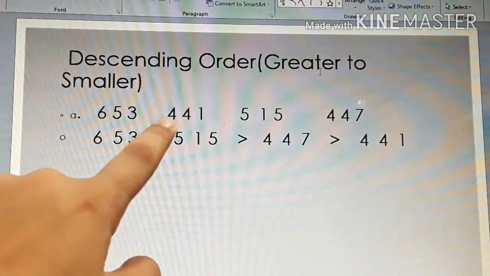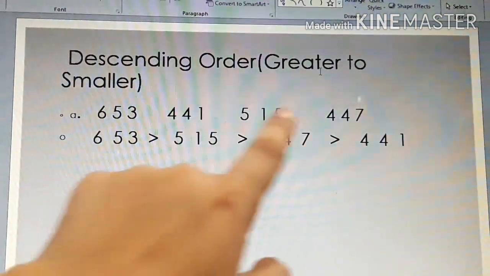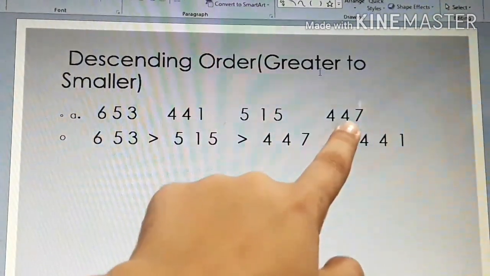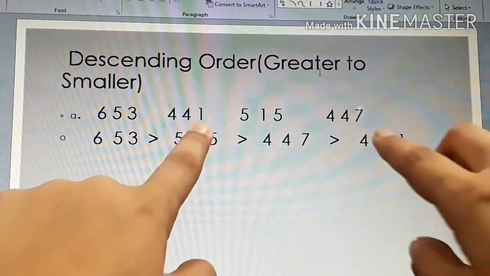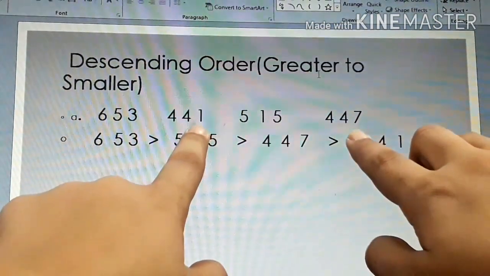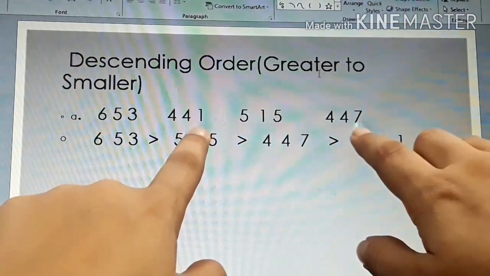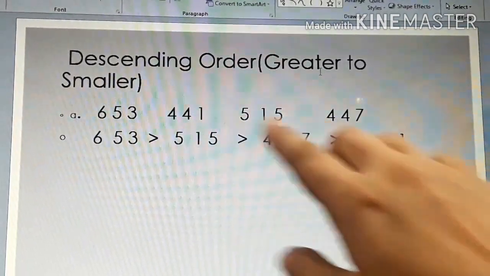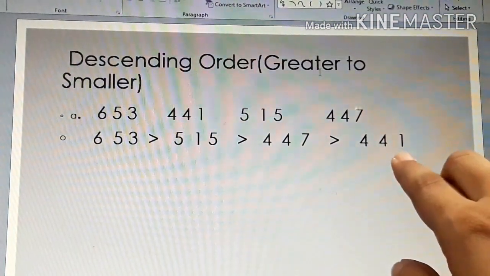So the hundreds place is same. Tens place is same. And let's see, is there any change in ones place? Yes. Here it is 1 and here it is 7. So which one is greater, children? 7. So 447 comes here and 441 comes last.